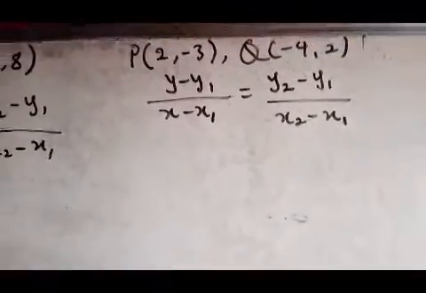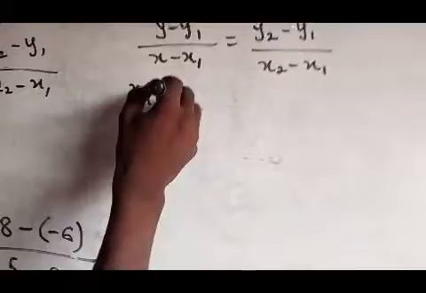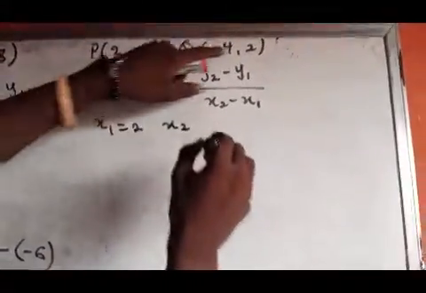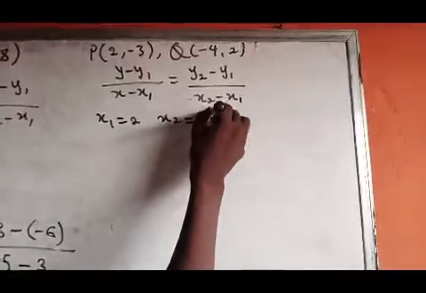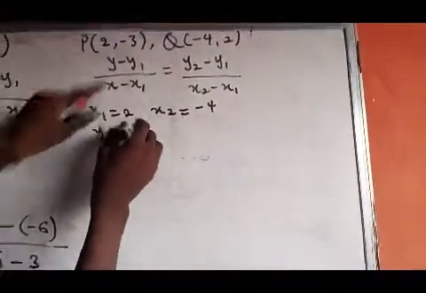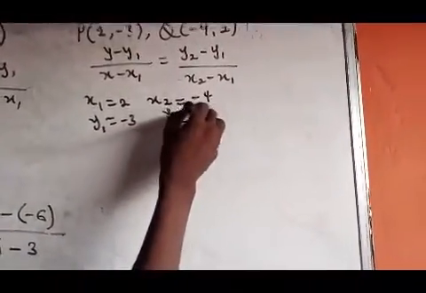Alright, so what's the next thing we do? You know that your x1 is 2, your x2 is minus 4, your y1 is minus 3, and your y2 is 2.